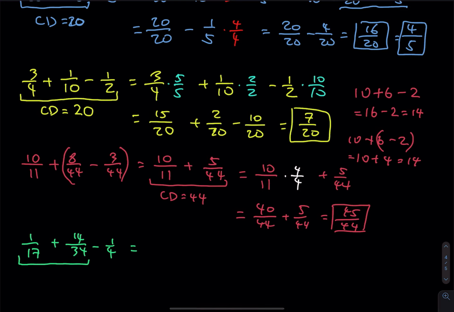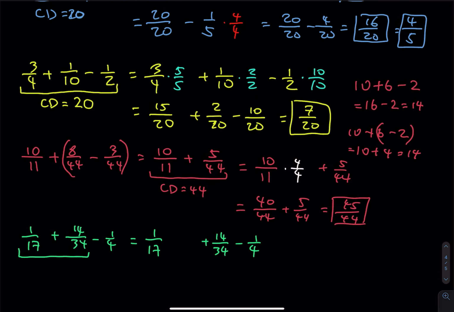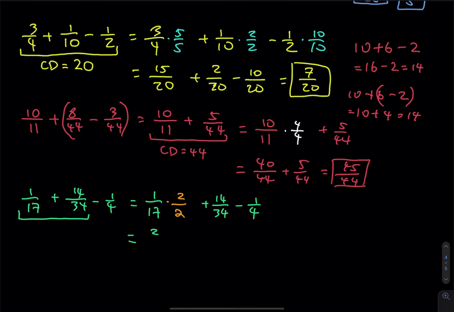So this one, I will do 1 over 17, save some space, and then plus 14 over 34, and I am not touching the last one yet. So since 17 times 2 is 34, I will multiply the top and bottom by 2, and then we have 1 times 2 is 2 over 34, plus 14 over 34, and then minus 1 over 4. So this is 16, right? Over 34 minus 1 over 4.